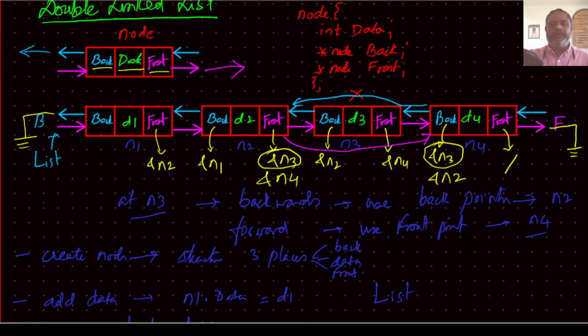In case of single linked list, one forward journey was known to us, but the behind node was unknown to us. But now in the back of N4 you have to write N2, and in the front of N2 you have to write N4.